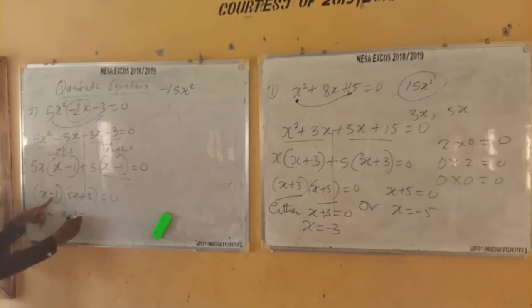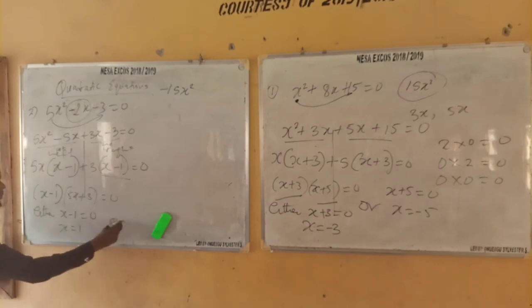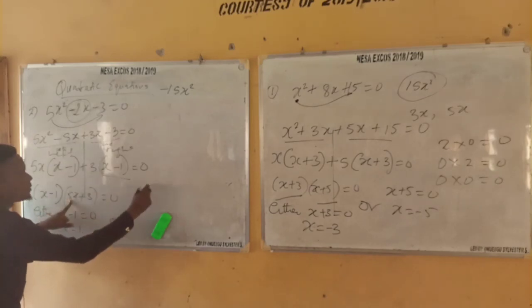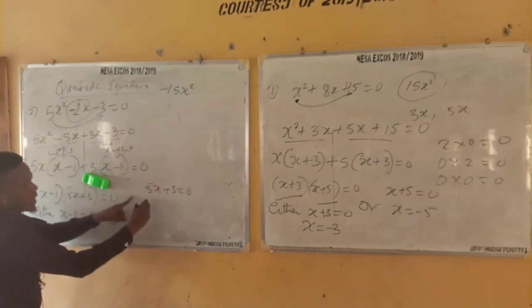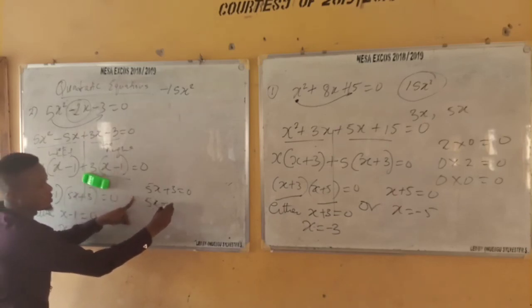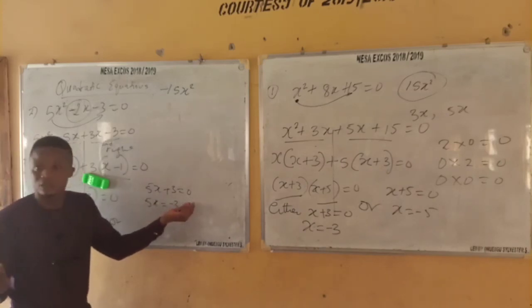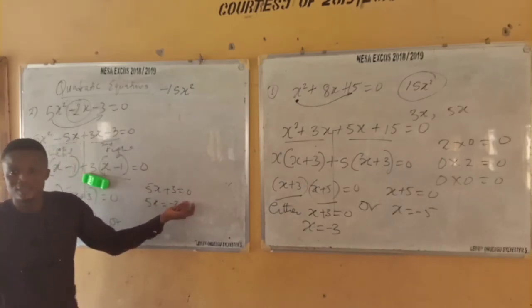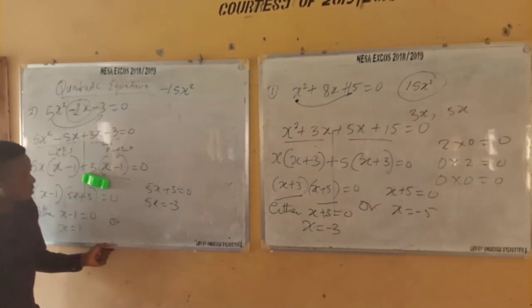You are now free to write either x minus 1 is equal to 0. Minus 1 coming here becomes plus. So x is 0 plus 1, that is 1. Or 5x plus 3 is equal to 0. So I shall have 5x equals minus 3. When I bring 0, I just neglect it because 0 is nothing. 0 is neither negative nor positive.